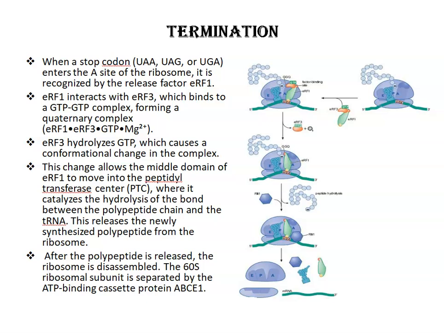First, ERF1 recognizes all three stop codons and brings the GGQ motif into the peptidyl transferase center, leading to polypeptide release. So when the stop codons UAA, UAG, and UGA enter the A site of the ribosome, they are recognized by the release factor ERF1.